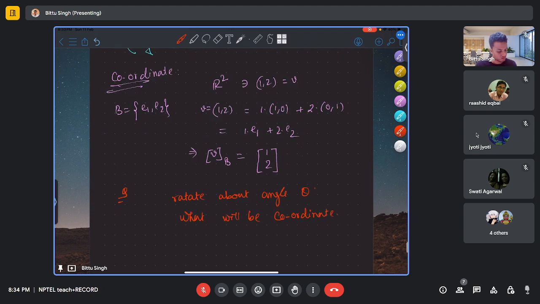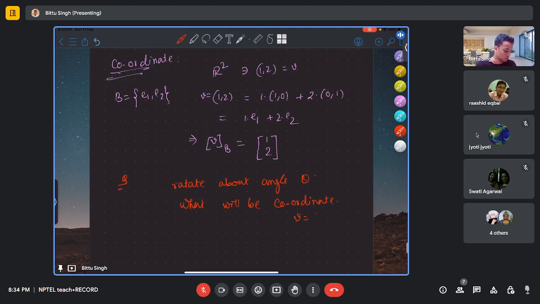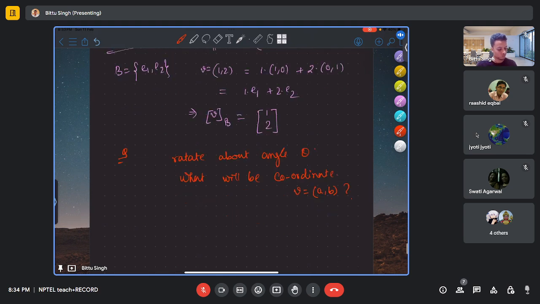Suppose V is (a, b), any general point. Then what will be the coordinate of this (a, b) with respect to the new plane?